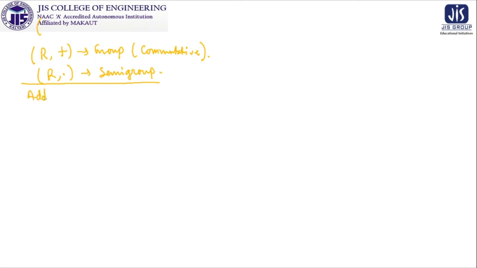If we can add the identity element with respect to dot, then it is called unity. Clear? So what is this? This is nothing but the multiplicative identity. That is, 1 is unity.